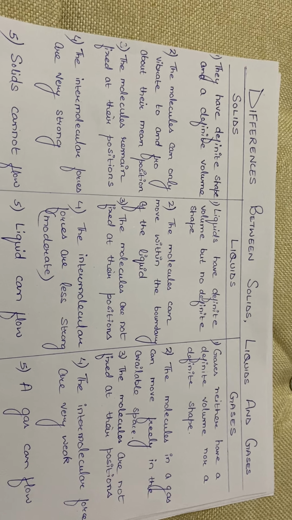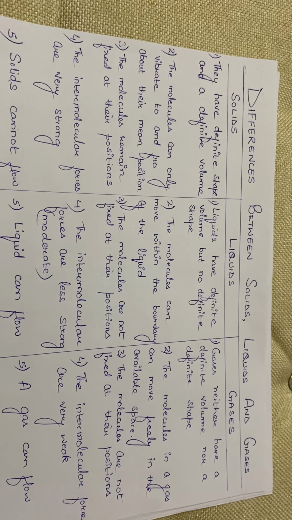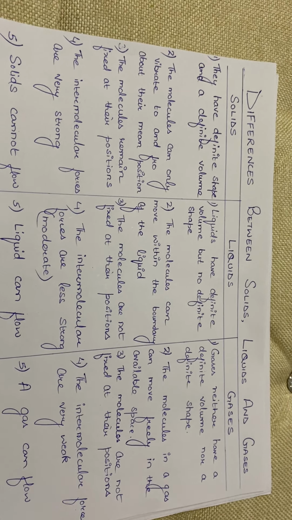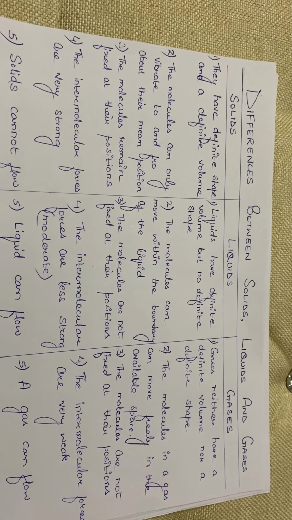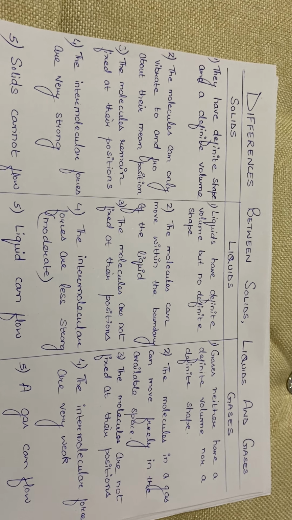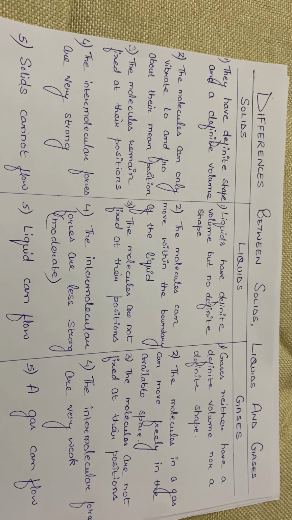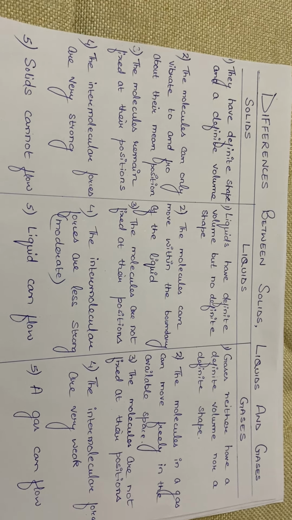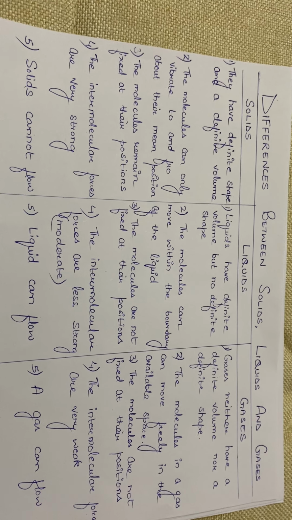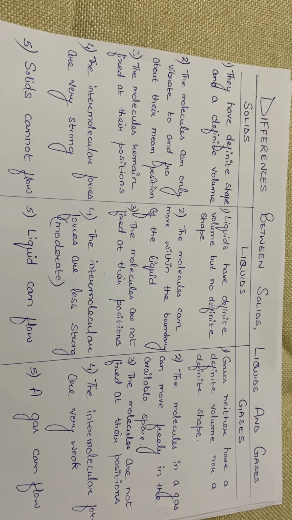While in liquids, as compared to solids, the intermolecular forces of attraction are weak, and hence there is a little intermolecular space and the molecules are slightly free to move and leave their position.